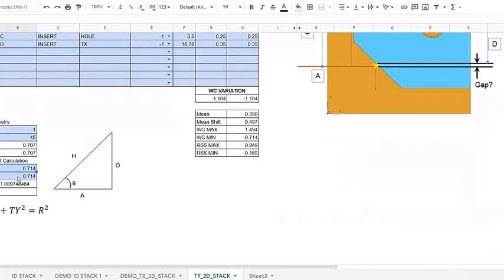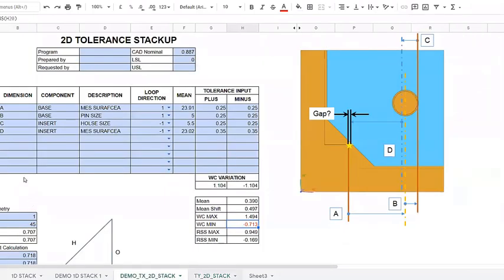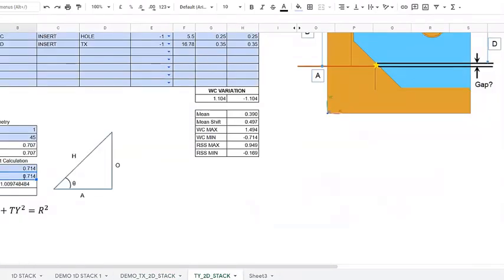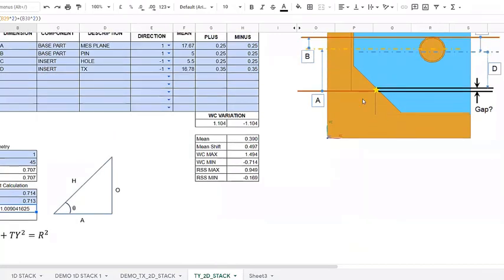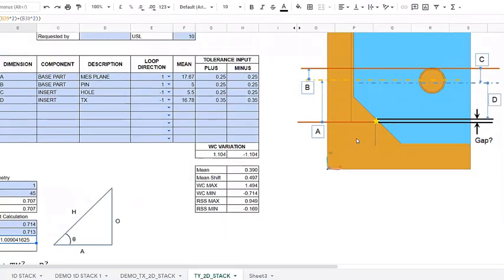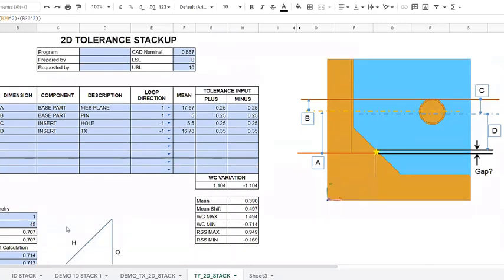If you put in all these variations, the variation here is 0.17, and the variation over here is 0.13, like both the same value. Let's put them over here, and we got a resultant value of 1. So in the direction of the slope, the part can move and interfere up to 1 millimeter. That is what the stack is telling.